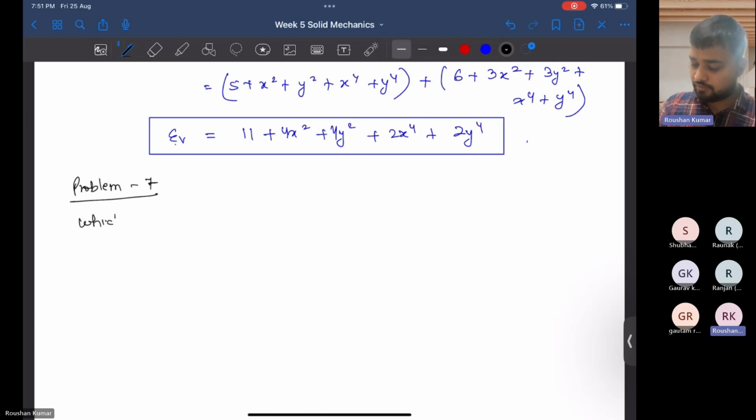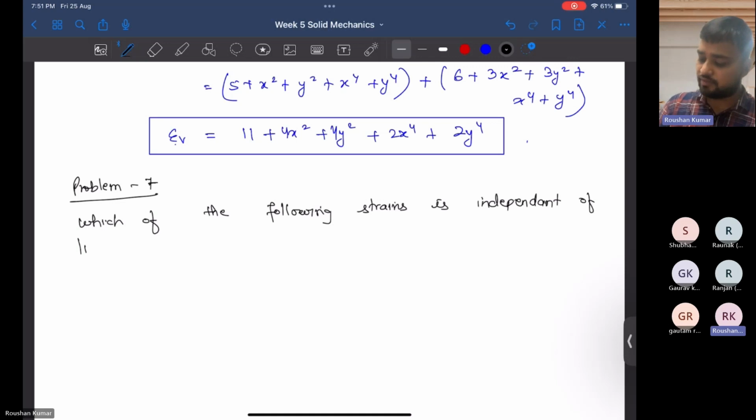This is a multiple choice question: which of the following strains is independent of the line elements chosen at a point?